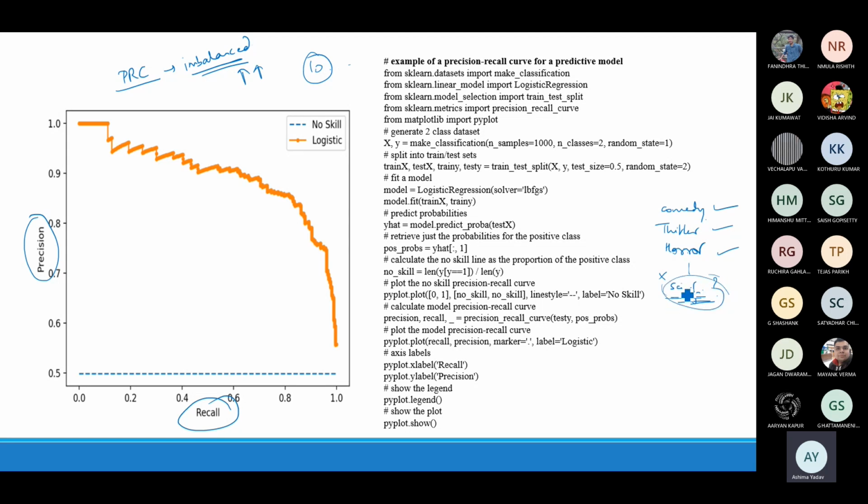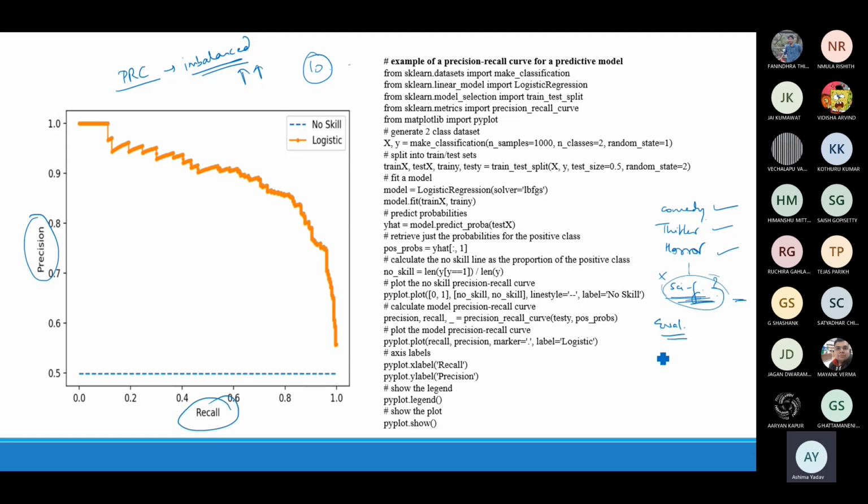I want to see how my model is behaving for this particular genre of movie. Even if this class has not so many samples compared to the rest of the classes, I will use some other evaluation metrics to see how well my model is behaving for it.